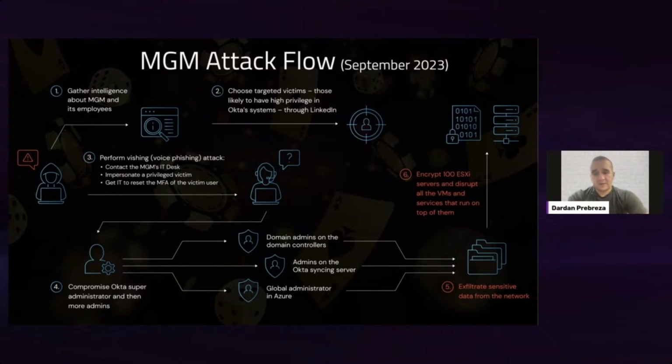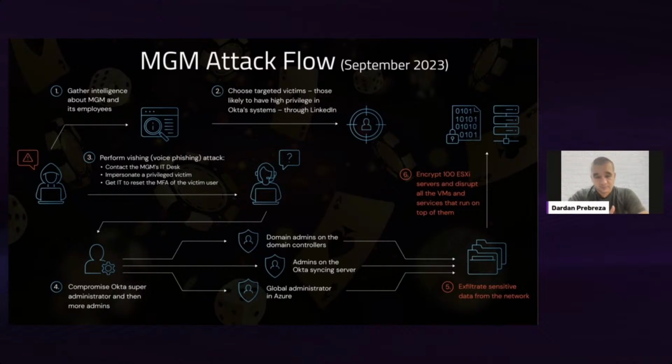So if you search for administrator, sysadmin, and things like that, you will find important targets for your social engineering campaigns. And then the attackers performed phishing or voice phishing. They contacted MGM's IT desk, impersonated the privileged victim, and got the IT desk to reset the MFA of the victim user. This way, they were able to compromise the Okta super administrator and then additional administrators. So they just kept moving in.